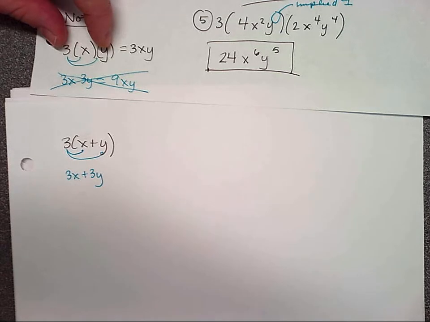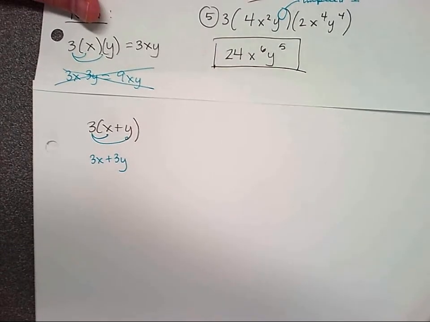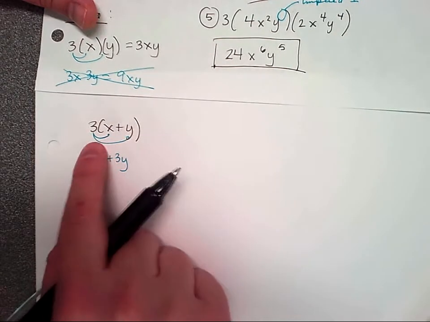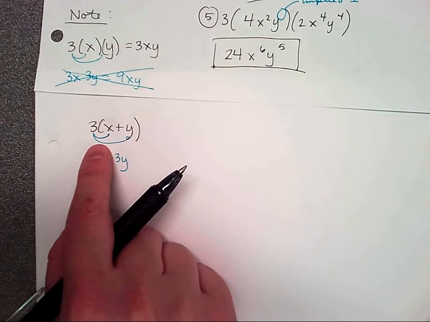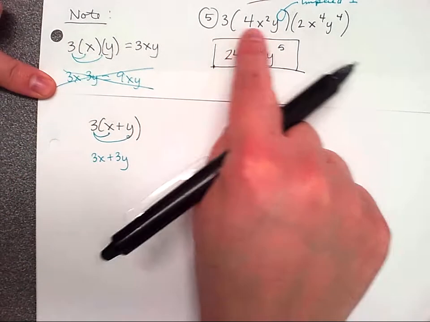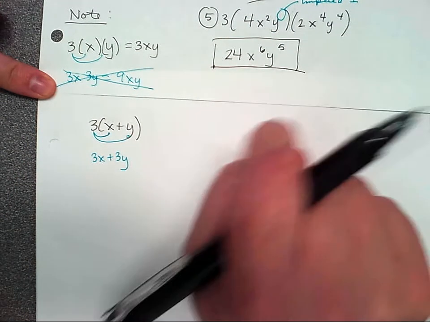That's what you're doing. That's everybody's biggest mistake. If I had 4x squared plus y, something like this, then I would distribute it in. But I have multiplication here, right? All of this is multiplication.